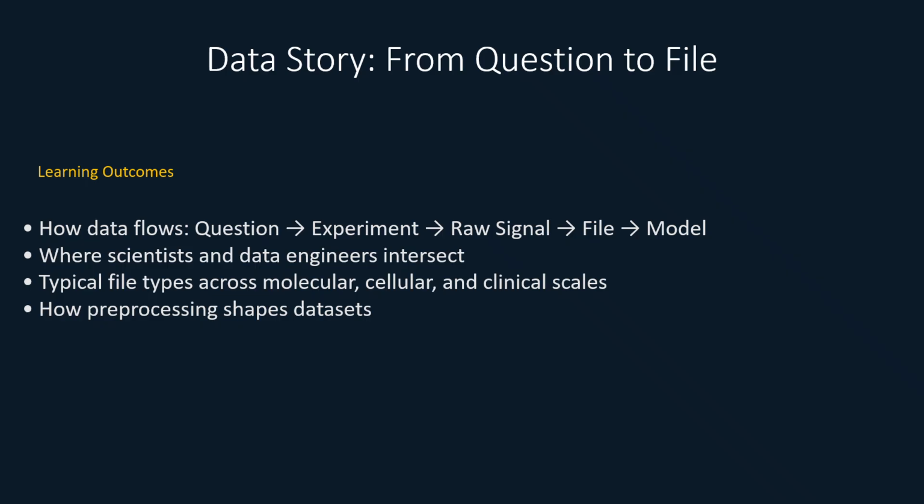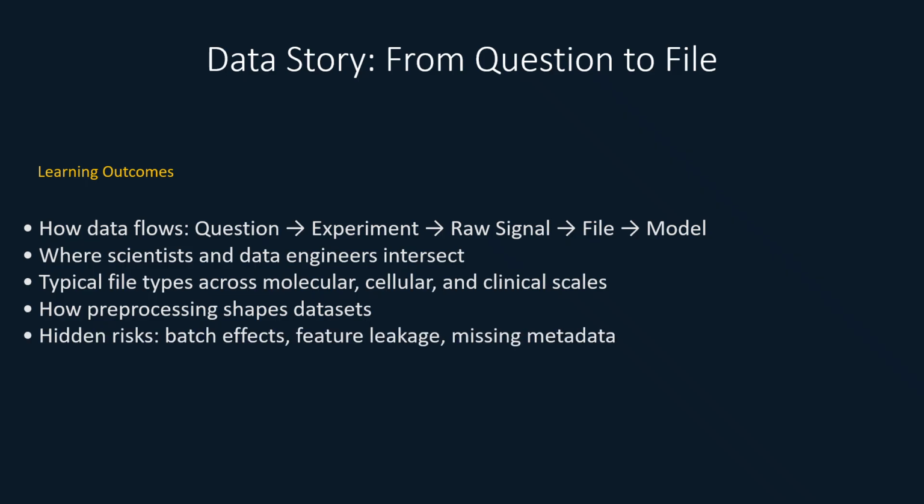Different biological scales produce different kinds of files. At the molecular level, you might see SMILES strings or sequencing reads. At the cellular level, images or omics tables, and at the clinical level, structured tables alongside free text notes.